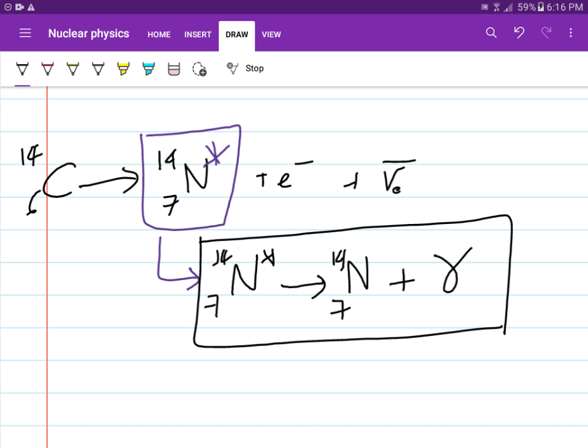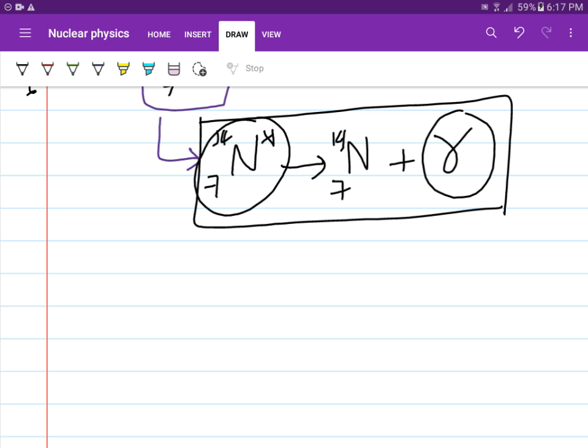You have the same element as the excited nucleus, and when the nucleus transitions from excited to ground state, it releases gamma radiation in the process. Gamma radiation is a very energetic particle, or very energetic light.